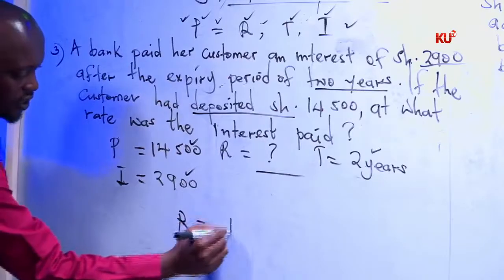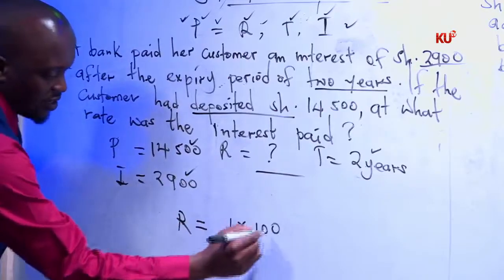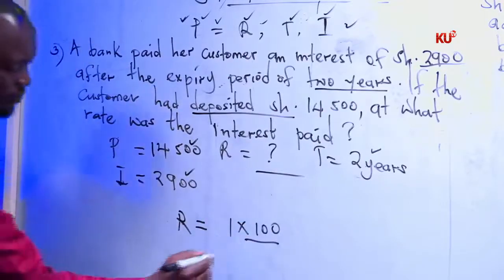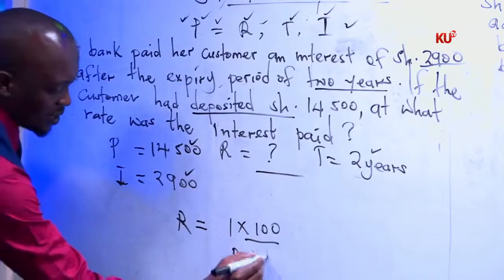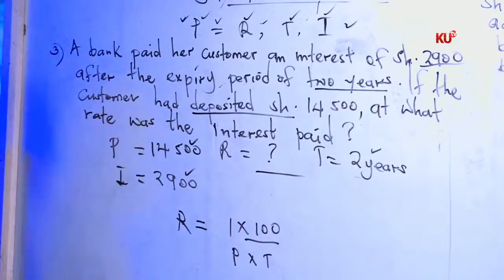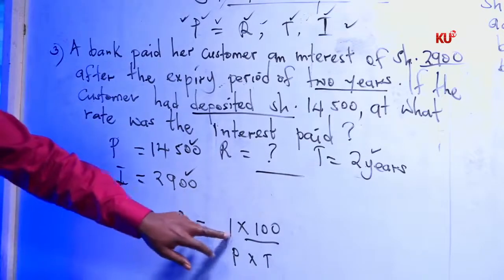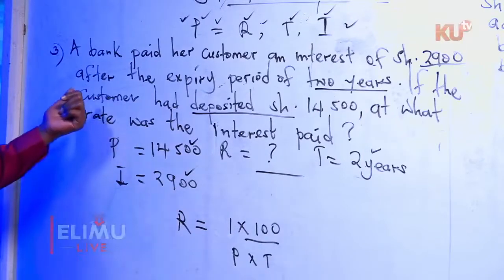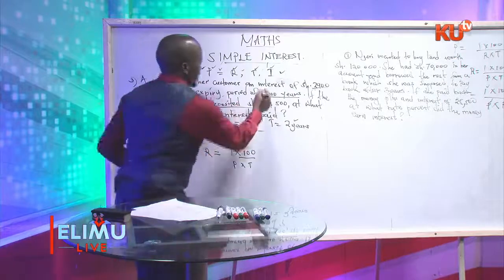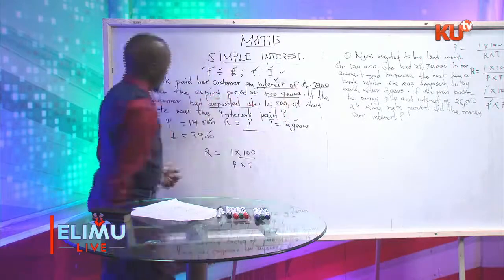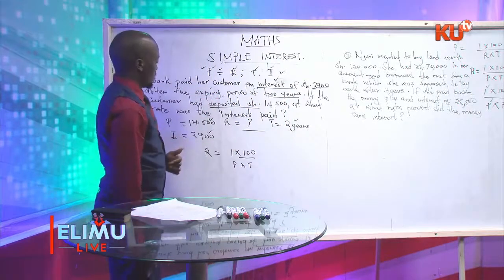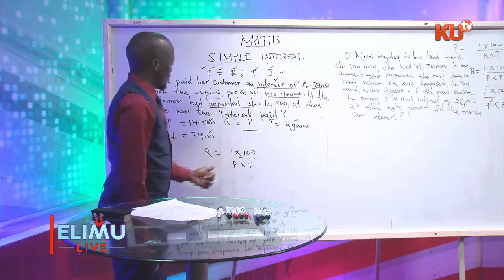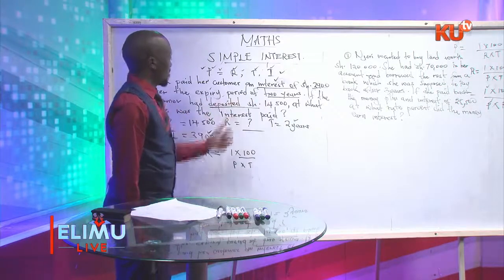is equal to interest times 100 over principal times time. Rate is equal to interest times 100 over principal times time. Principal is money deposited.